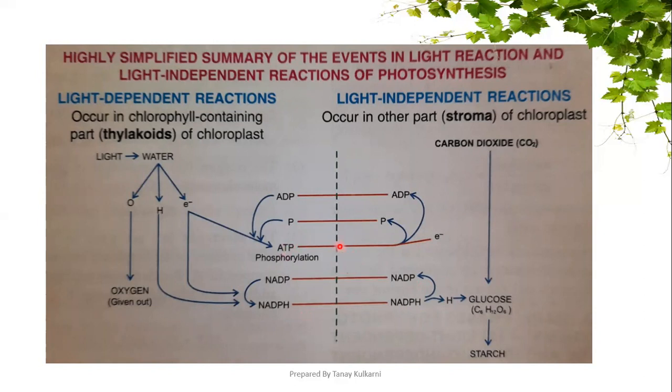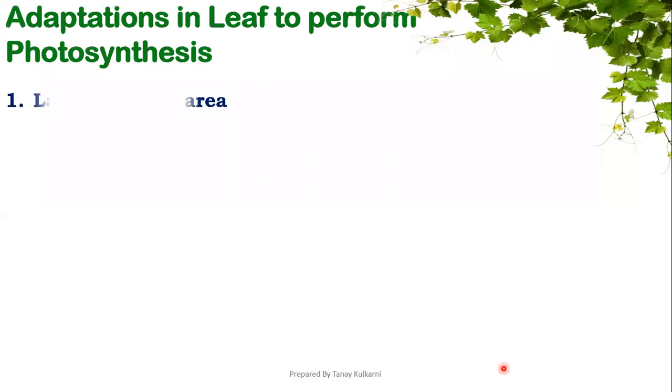Similarly, ATP will break down into ADP plus P and the electrons are released. Hydrogen and electron will be accepted by carbon dioxide, forming glucose as well as starch. Got it?